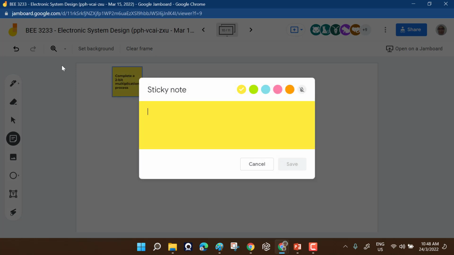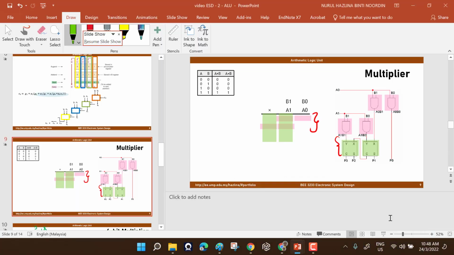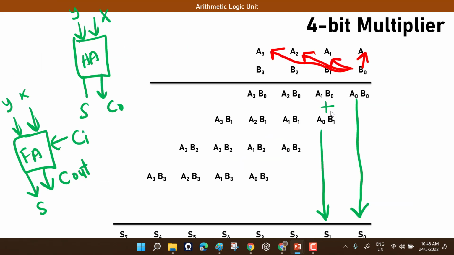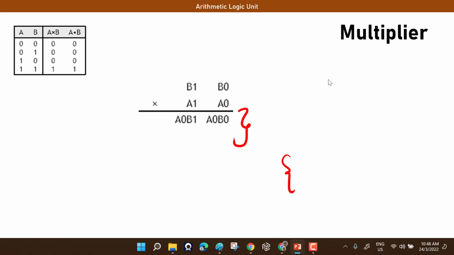Okay, what I want you to do later is to complete a 2-bit multiplication process. What I mean by this 2-bit multiplication process is something like this. When we talk about 2-bit, remember the numbers to multiply are always 2 numbers. Whether it is 3-bit, 1-bit, 4-bit or 6-bit and so on, it would require 2 numbers.